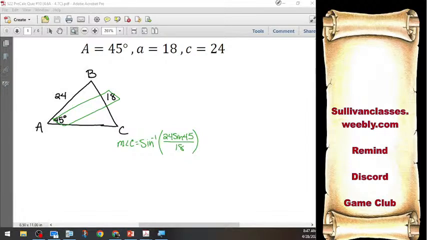So, what happens? Do I get 90? Do I get acute? Do I get obtuse? Do I get nothing? So you get acute, get 75. So what's that mean? That means there's another one possible.